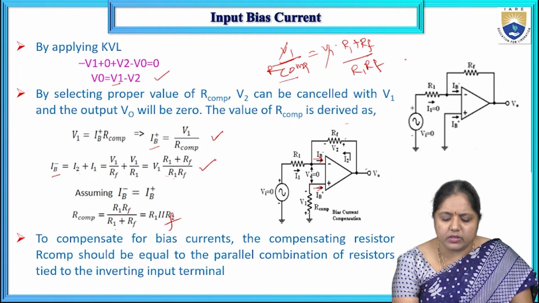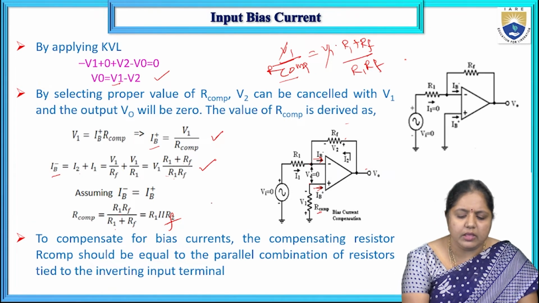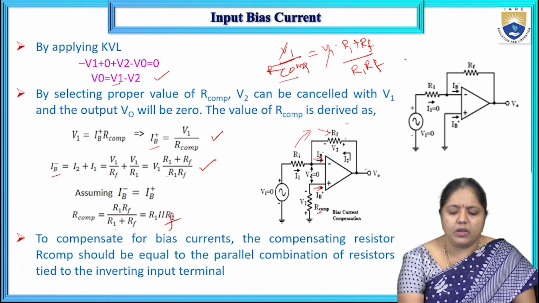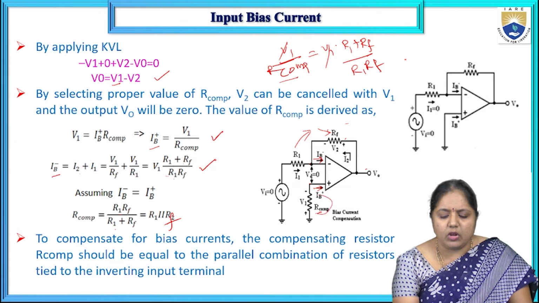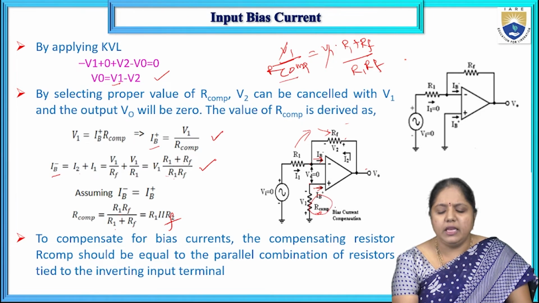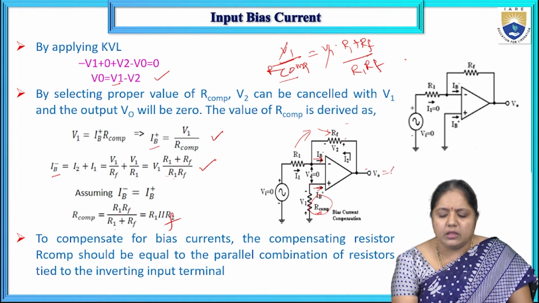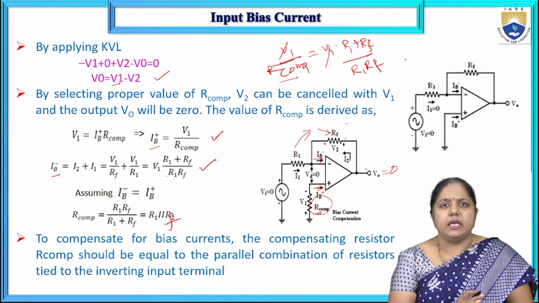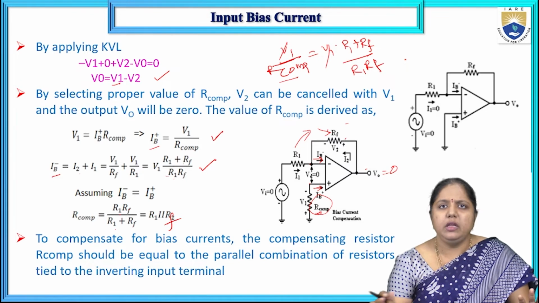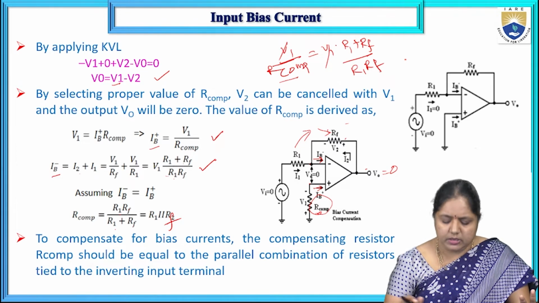Its value is the parallel combination of R1 and RF. If I keep this resultant value of R1 and RF as the R compensation resistor, I can make the output voltage equal to 0 for the input bias current. So this is about the input bias current.